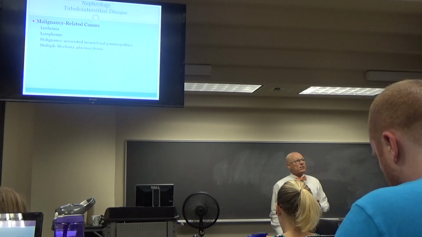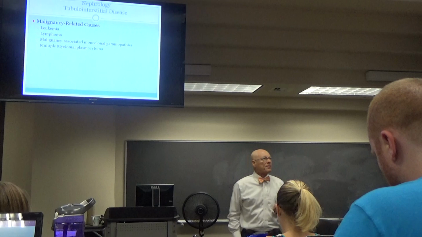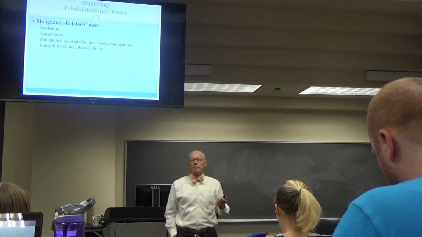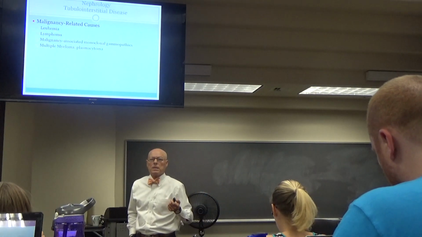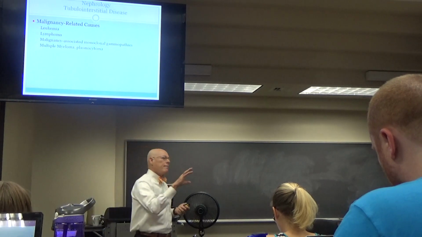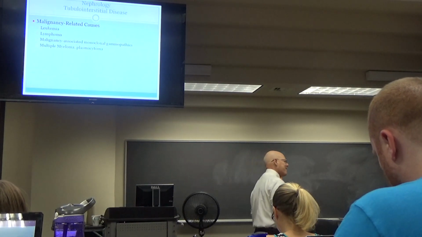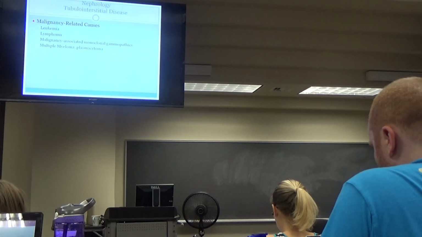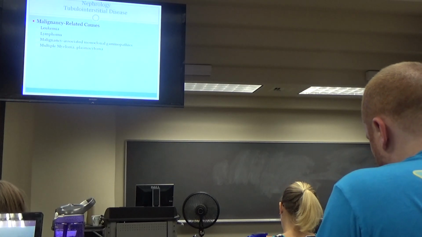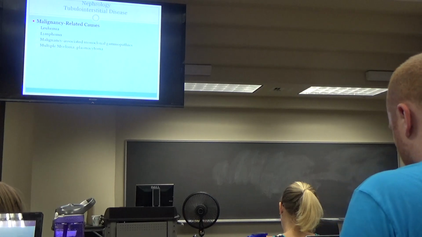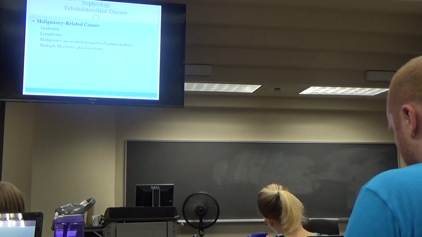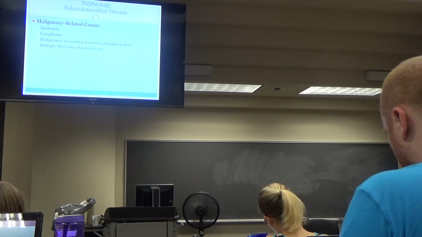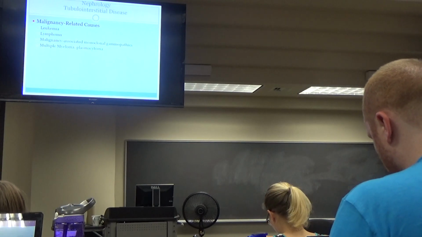And malignancies associated with monoclonal gammopathies can do this. Monoclonal gammopathies, have you heard that term? No. So a monoclonal gammopathy is a syndrome where a B cell clone has gone rogue and is making a specific type of gamma globulin.